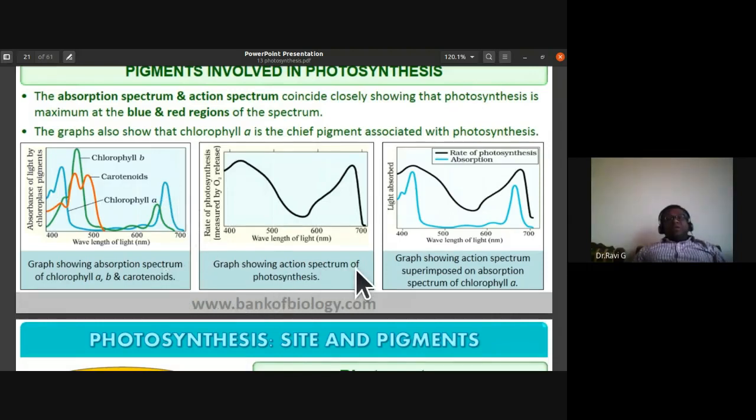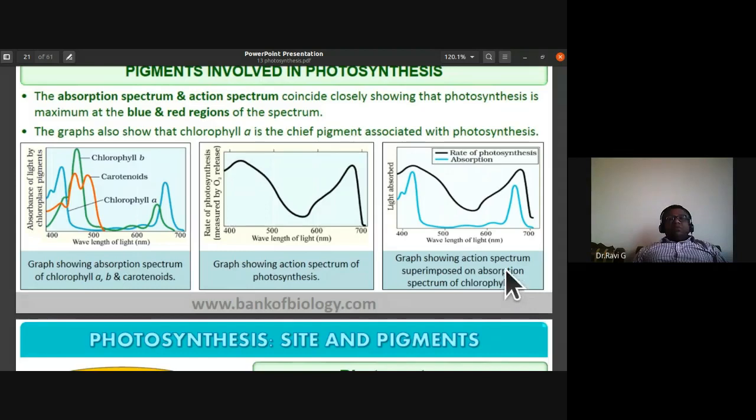Next is the graph showing the action spectrum of photosynthesis. When you compare the action spectrum and absorption spectrum, they coincide very closely, showing that photosynthesis is maximum at the blue and red regions of the light. You can also notice that the action spectrum and absorption spectrum coincide closely at the blue and red regions of the spectrum.